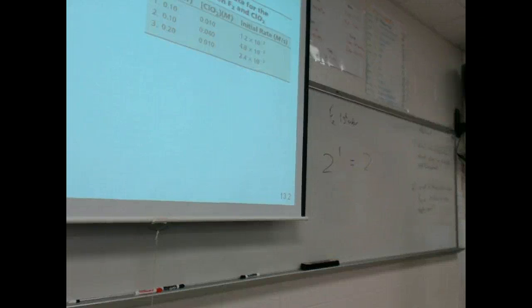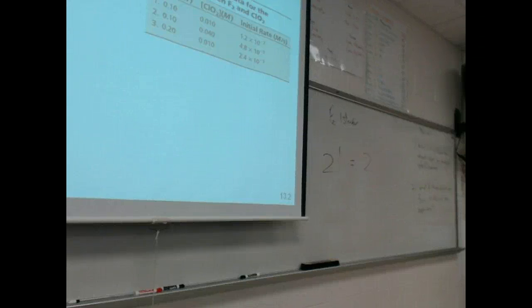The order tells us how a change in concentration of that reactant will affect the rate. What if I doubled the concentration and there was no change in rate?